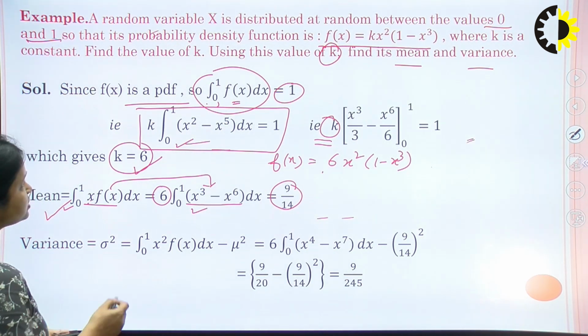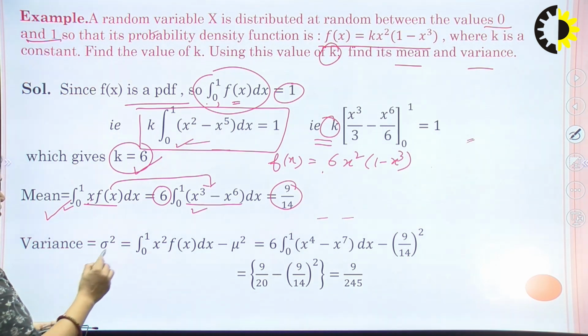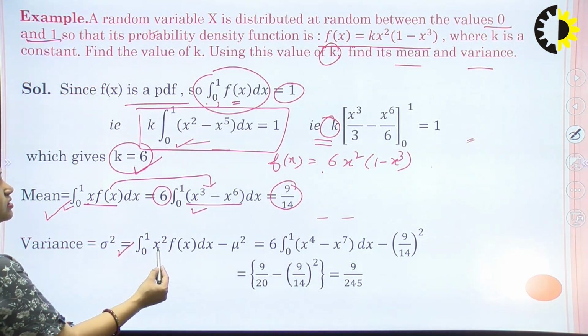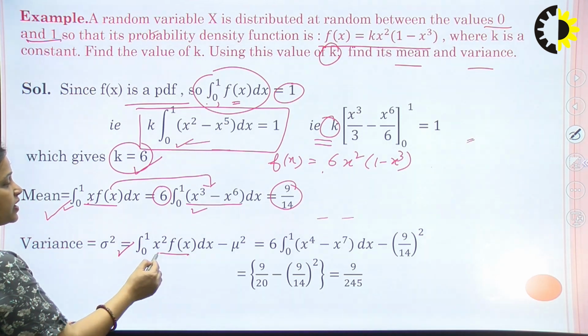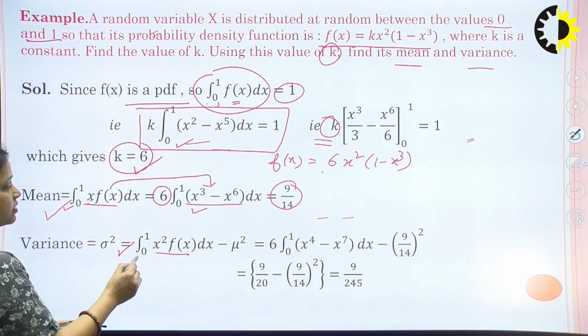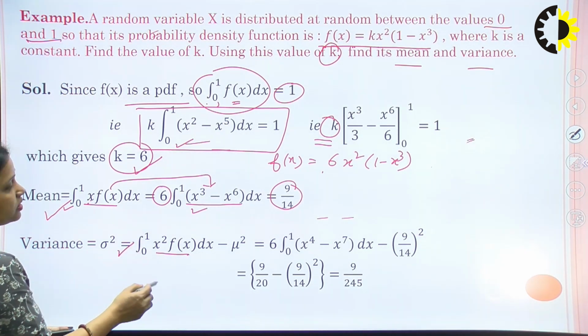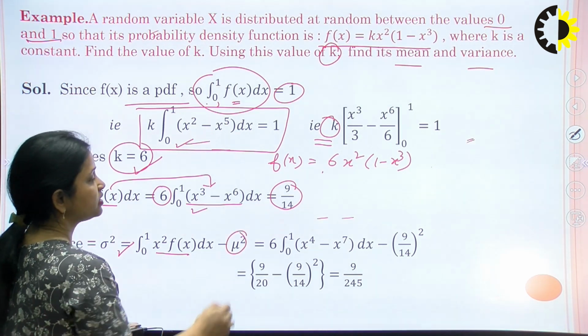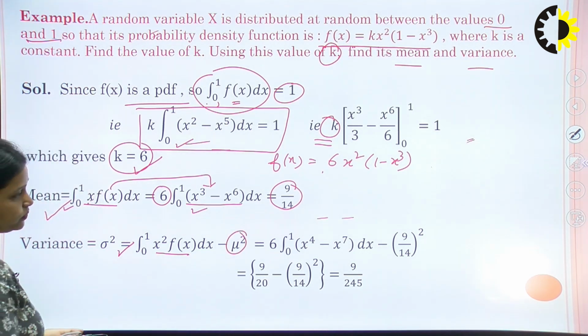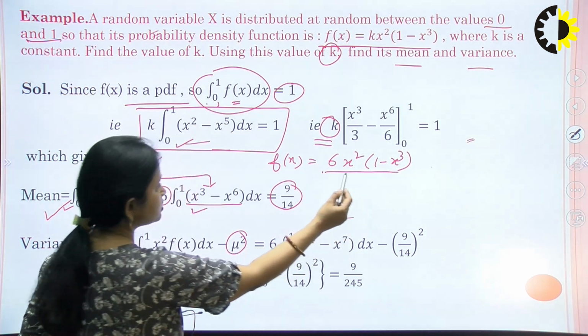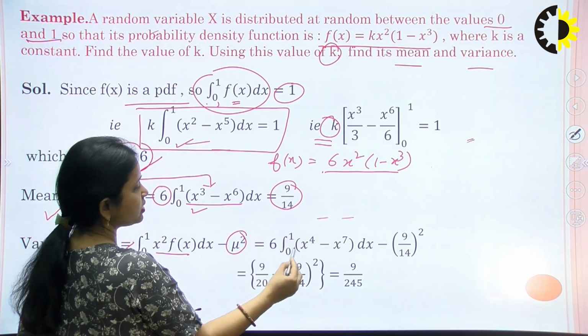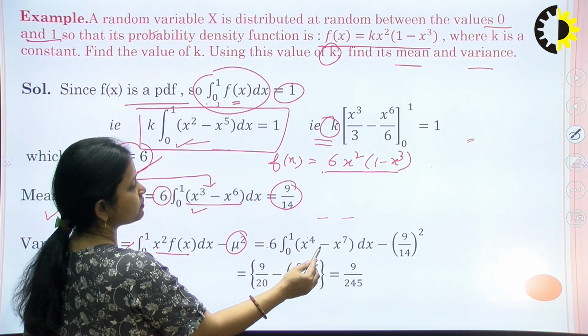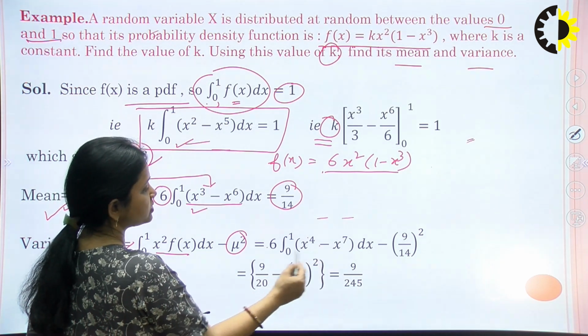probability density function. And variance, we know that the formula of variance uses x square into fx. We will find x square into fx, then integrate this function in the range 0 to 1 and then subtract the mean raised to the power 2. Okay, so this is the function. Multiply it by x square. We obtain 6 into x raised to the power 4 minus x raised to the power 7.